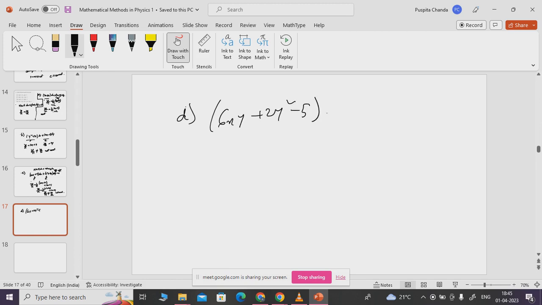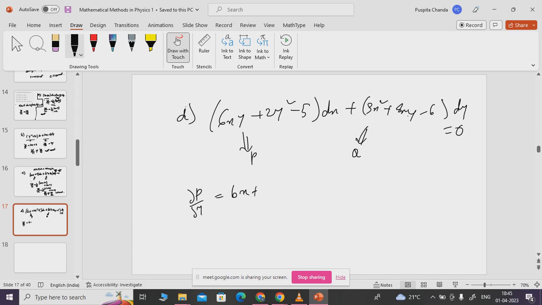Question number D is 6xy plus 2y square minus 5 dx plus 3x square plus 4xy minus 6 dy is equal to 0. This is P, this is Q. Del P by del y would be 6x plus 4y. Okay, not 12, it is 4.